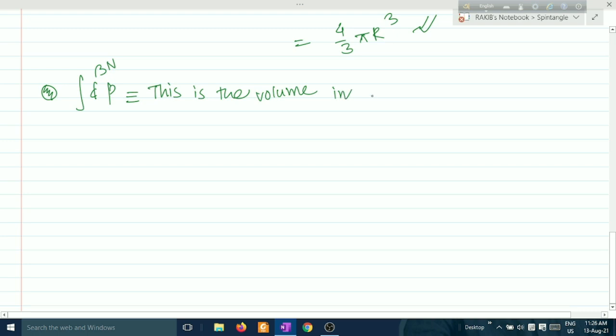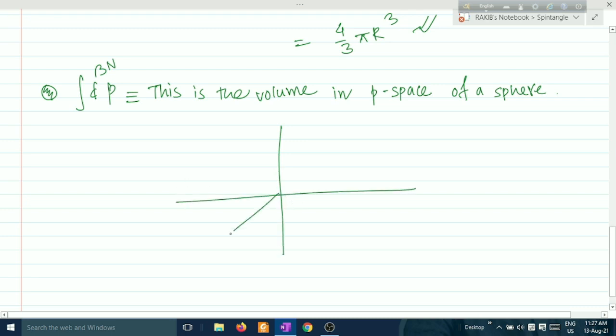This is the volume in p space. This means momentum space of a sphere.